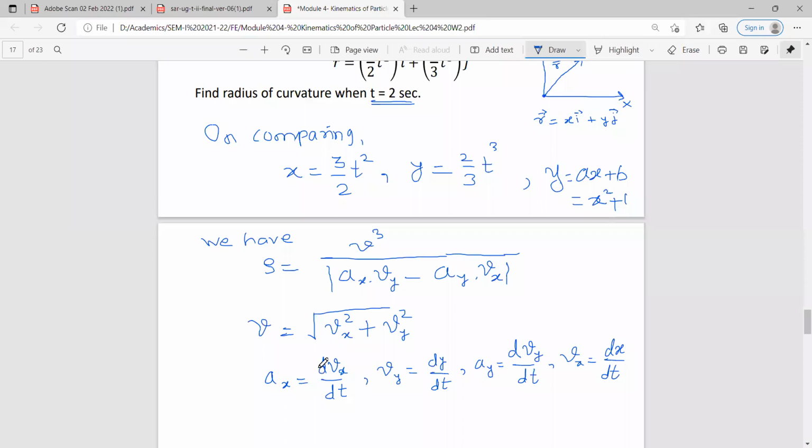So you decide which one to calculate first. Here acceleration will come from velocity, so it will be better to find out velocity first. So I will find out velocity in x direction, velocity in y direction. Okay, let us calculate it first.